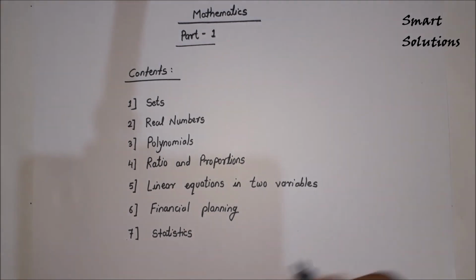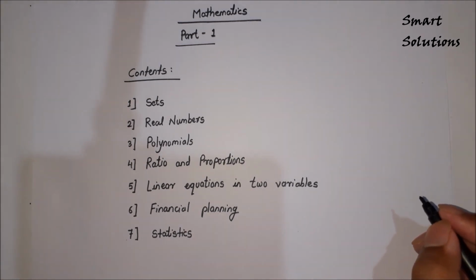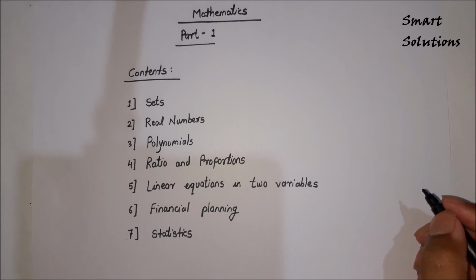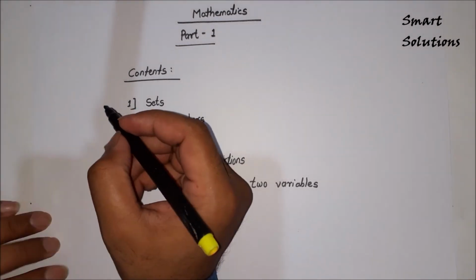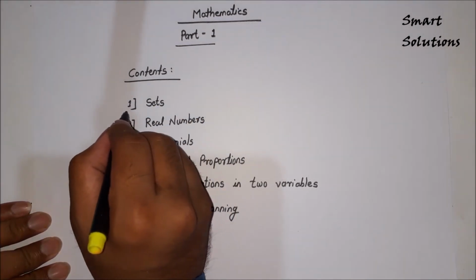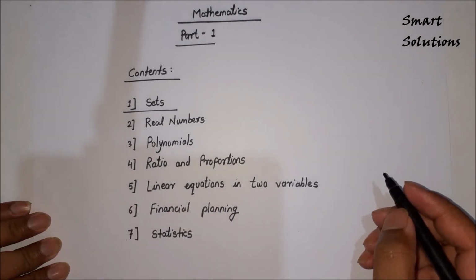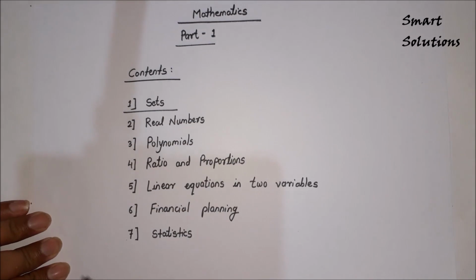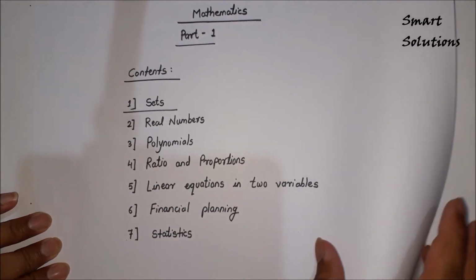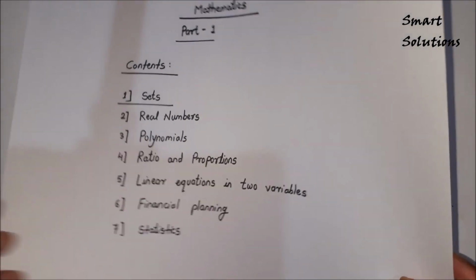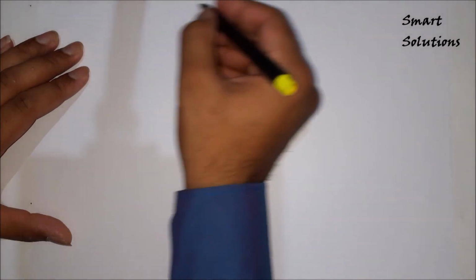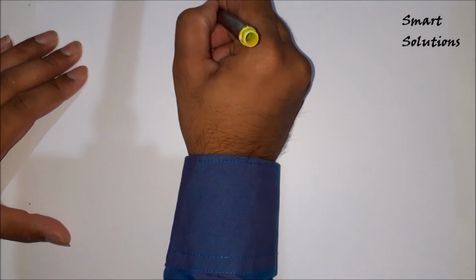So this is the curriculum for your maths 1. So today we will be beginning with our first chapter, that is chapter 1, sets. So let us begin with the first chapter. So our first chapter is sets. So let us begin with our first chapter.